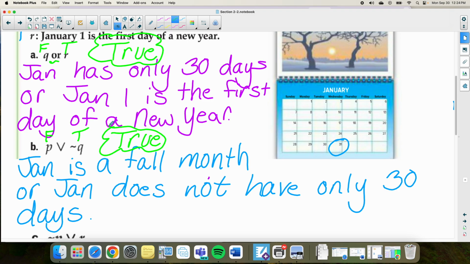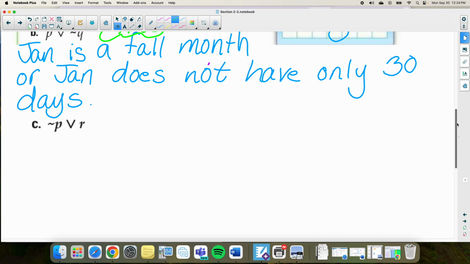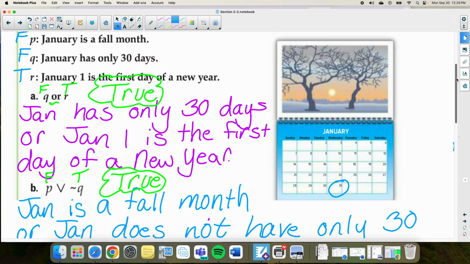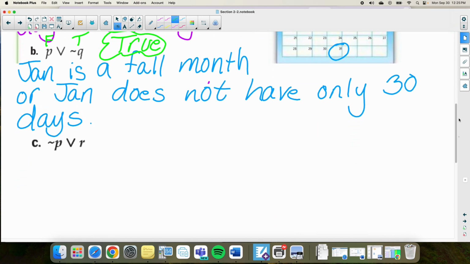Okay. Then if I look at C, they want us to negate P or R. So P was January is a fall month. Okay. So I'm going to say January is not a fall month.